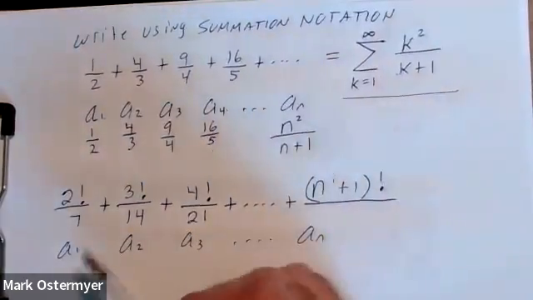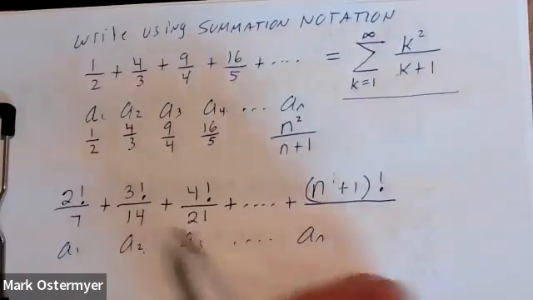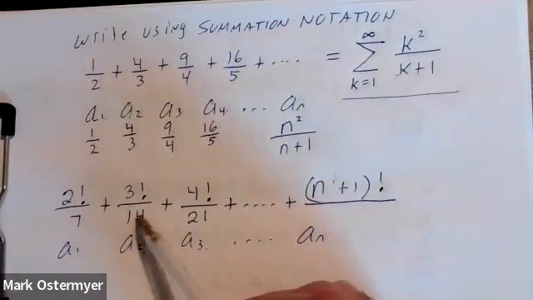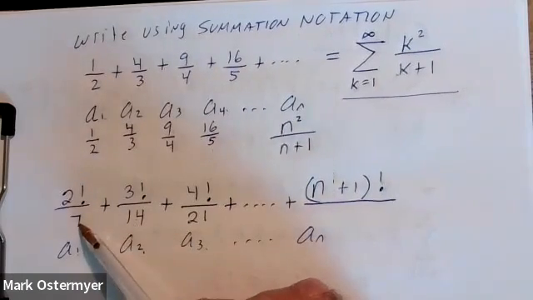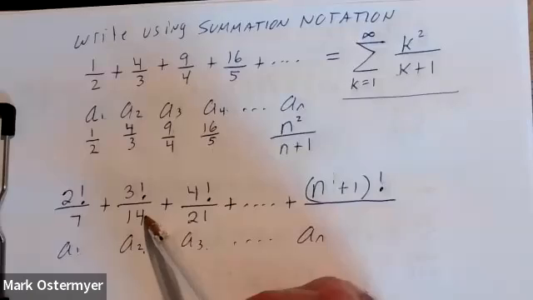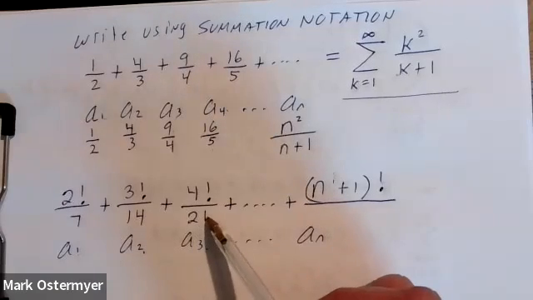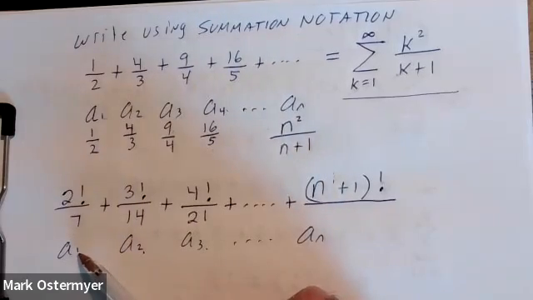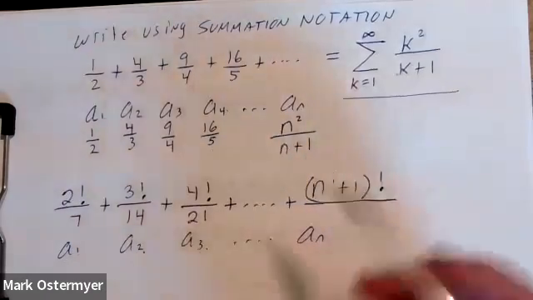The denominator: what do you do to 1 to get 7, 2 to get 14, 3 to get 21? It looks like all these denominators are multiples of 7. 7 is 7 times 1, 14 is 7 times 2, 21 is 7 times 3. So if we take 7 and multiply it by the index of the term number, we generate the denominator.